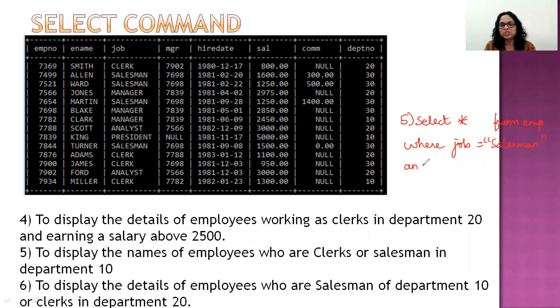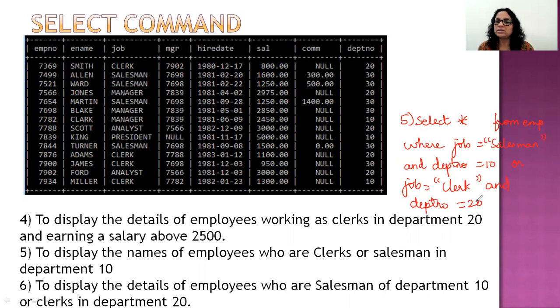So that means he should be a salesman and his department number should be equal to 10, or he should be a clerk and his department number should be equal to 20.